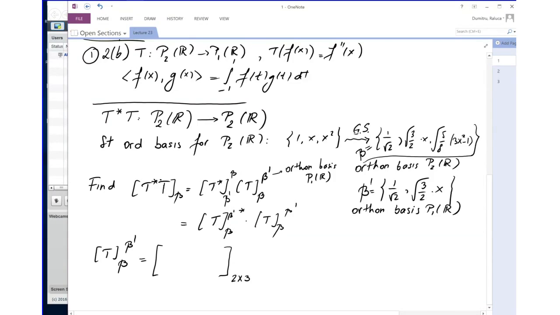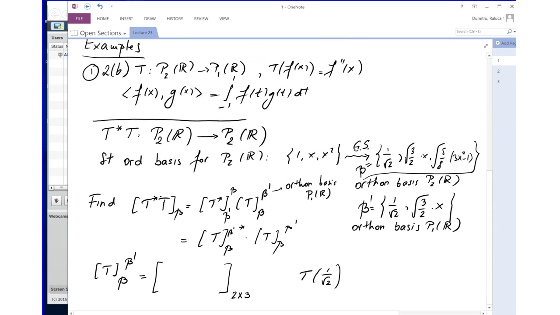The first column of this matrix is given by T of the first vector of beta, expressed in terms of the vectors of beta prime. So if you apply T to the vector 1 over the square root of 2, what do you get? T is the second derivative, so you just get 0. So the first column is 0, 0.